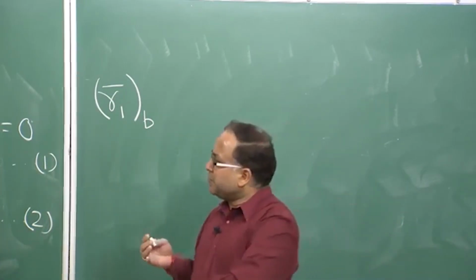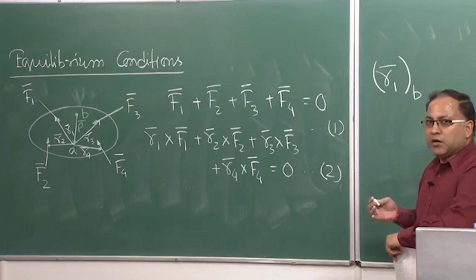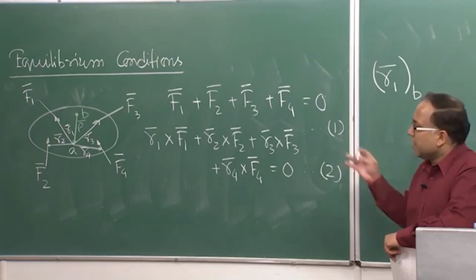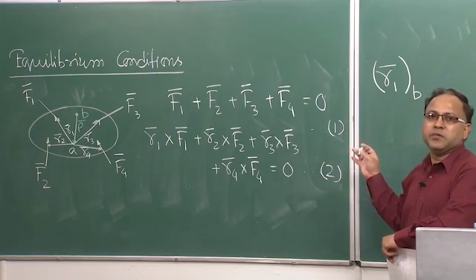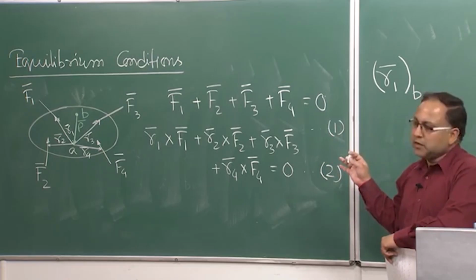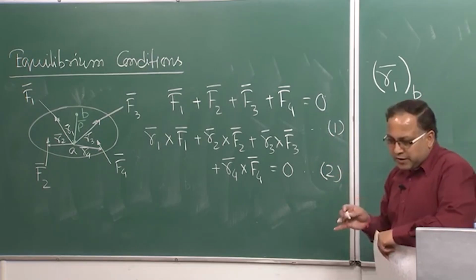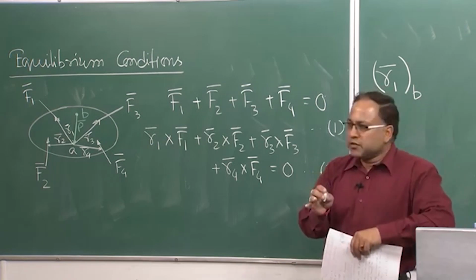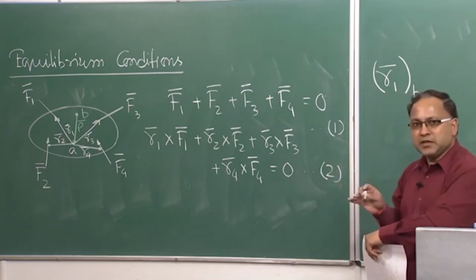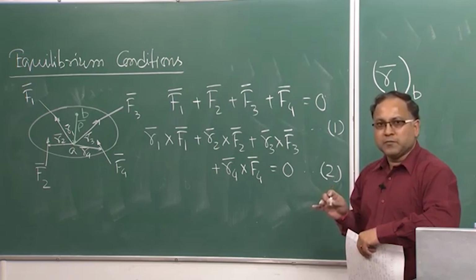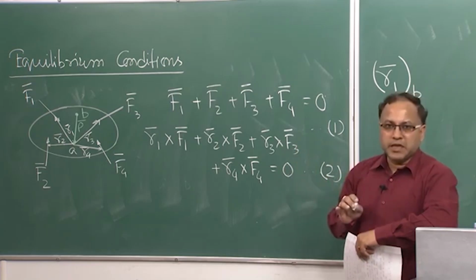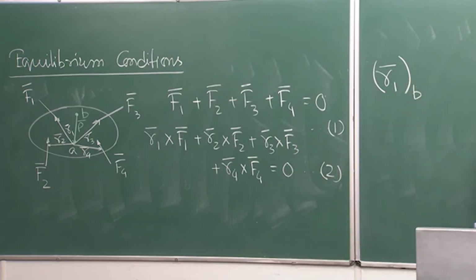R1B is the displacement vector for force F1 from point B. That means it is the displacement vector to the point where F1 is acting, from point B. So that is defined by R1B.